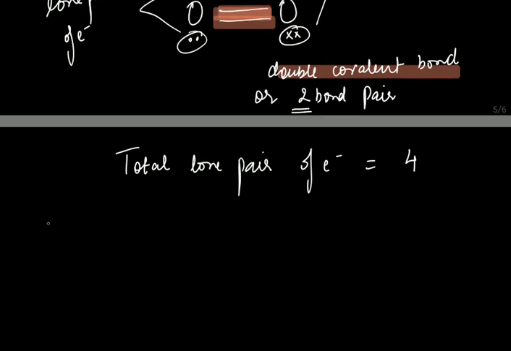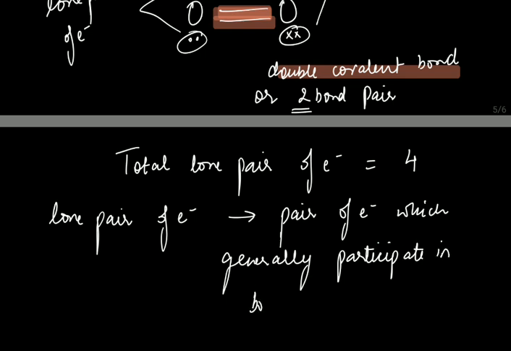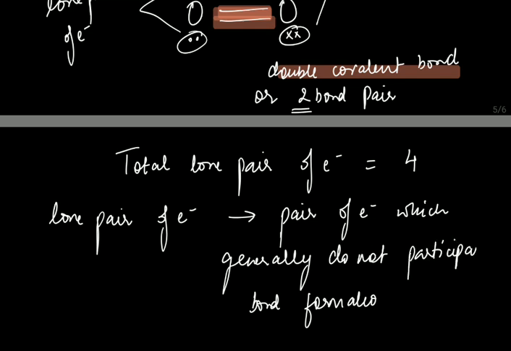So what are lone pairs? Lone pairs of electrons are pairs of electrons which generally do not participate in bond formation.